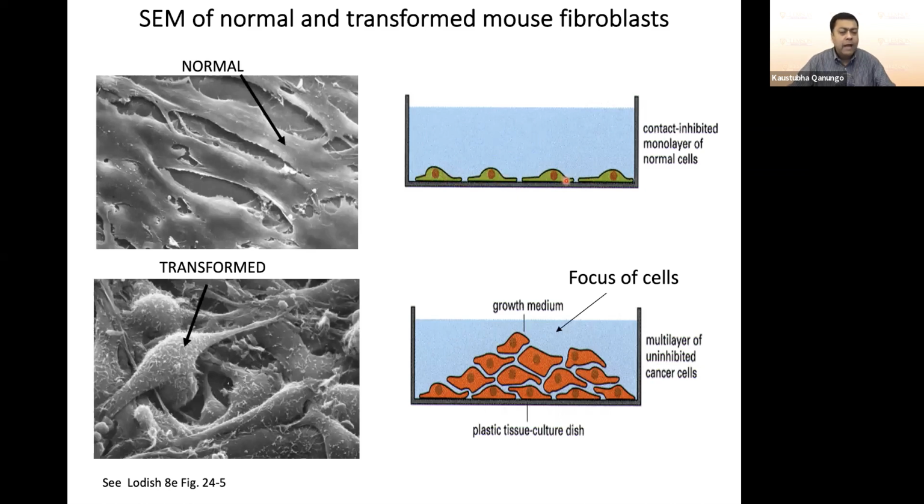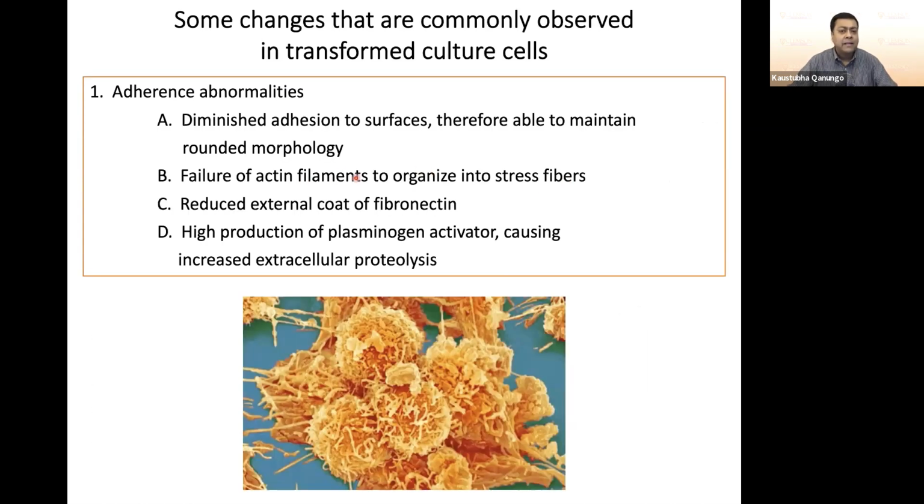These stress fibers are made of actin, and they keep the cell in an integrated format, making sure the cell does not tear apart when it is stretching. In cancer cells these stress fibers are not organized. The actin filaments are very disorganized, and that's the reason the cells become rounded up.